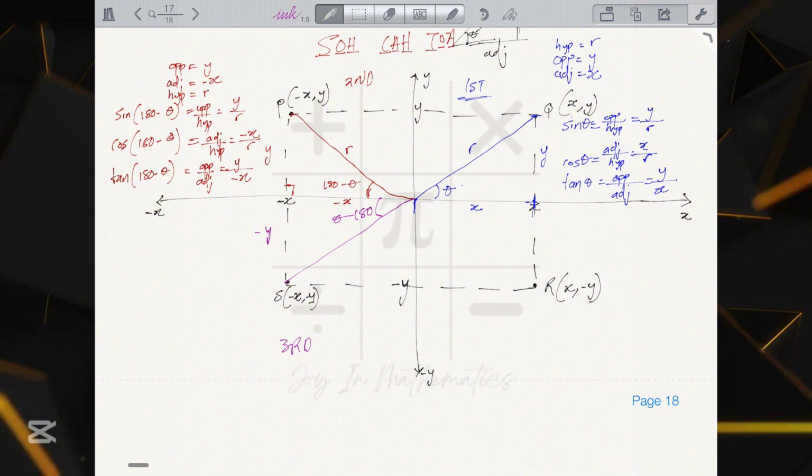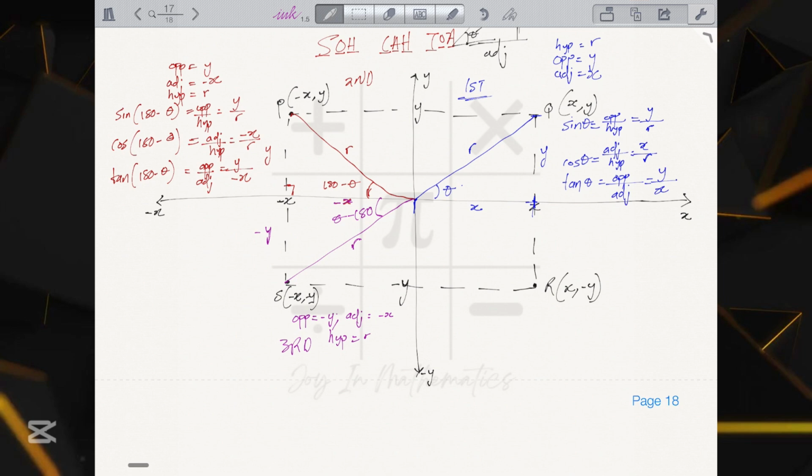And the adjacent is simply minus x. And we have the hypotenuse to be r. So let's rewrite it. Opposite is equal to minus y. Adjacent is equal to minus x. And hypotenuse is equal to r.